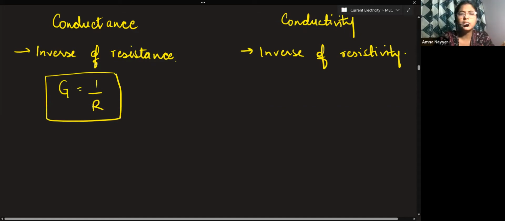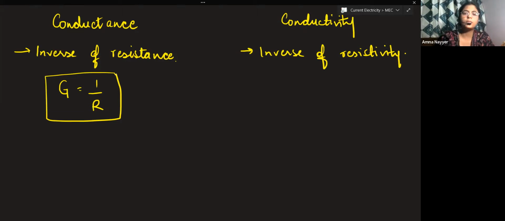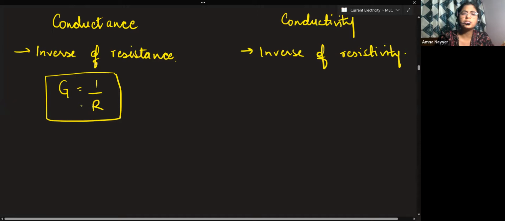You have a chapter in your chemistry, electrochemistry, I think. There it will be utilized. Conductance, conductivity, the formula of resistance R is equal to rho L by A. Conductivity is denoted by sigma. So this will be 1 by rho in this manner.